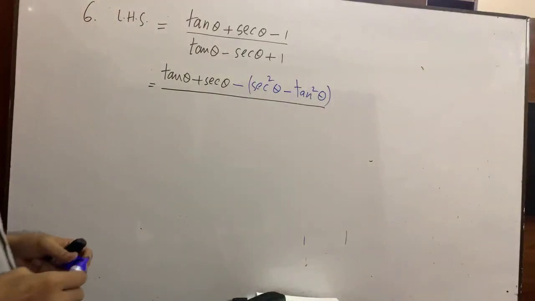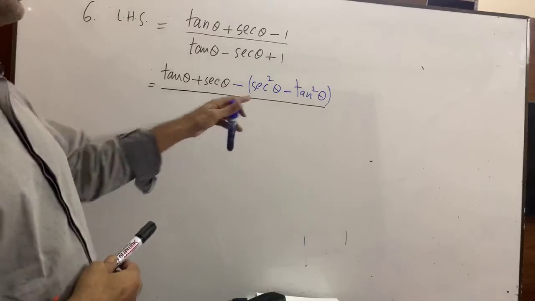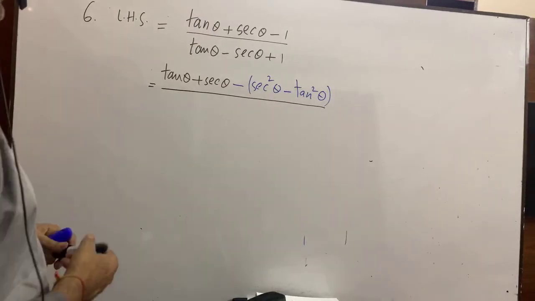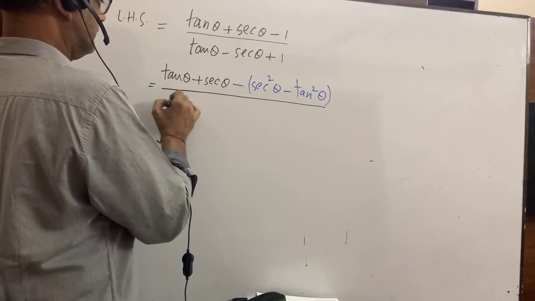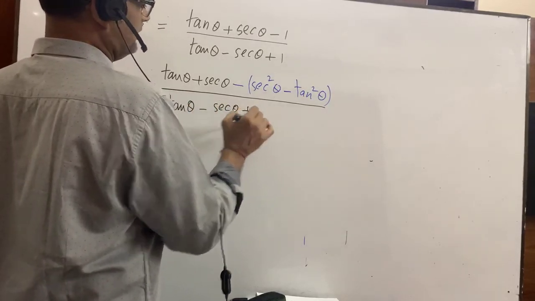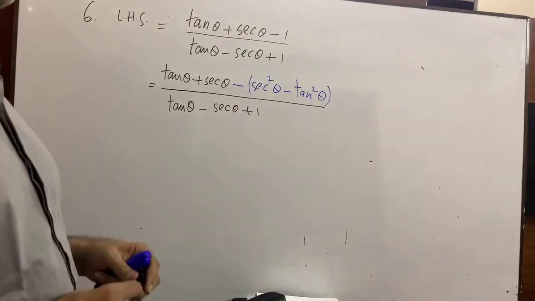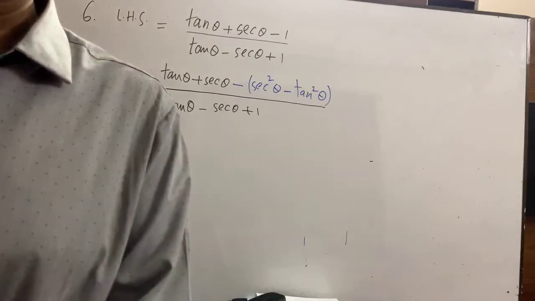Remember, where there is minus 1, you will put this formula. Now here we get tan theta minus sec theta plus 1. The denominator is to be kept as it is. I repeat, the denominator is to be kept as it is.